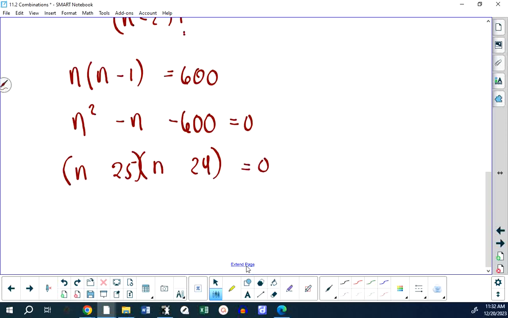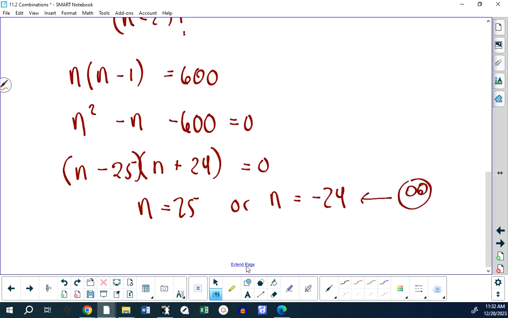I need to have negative 1n, so that's the result. Factored correctly. Which means n is equal to 25, or n is equal to negative 24. That didn't make any sense. You're not going to have negative 24 students. So there are 25 students.